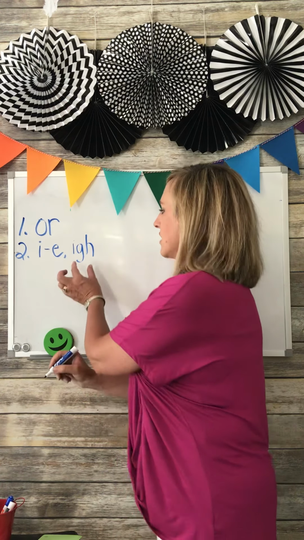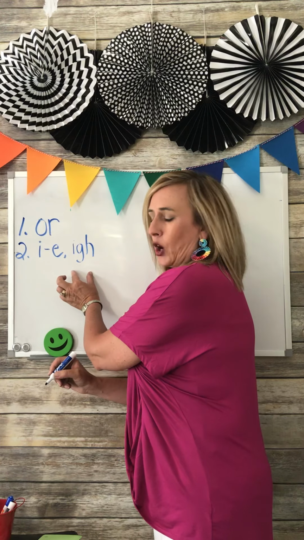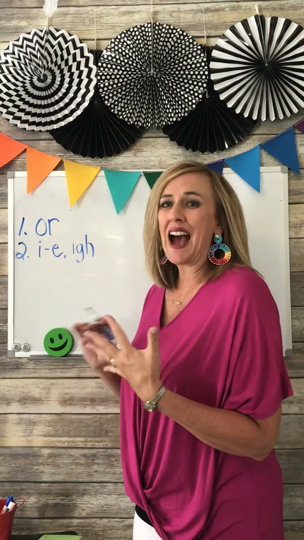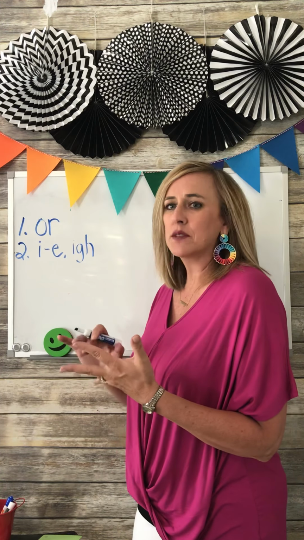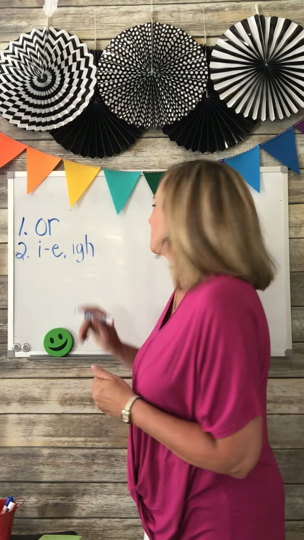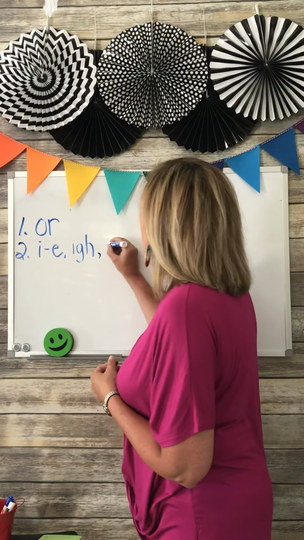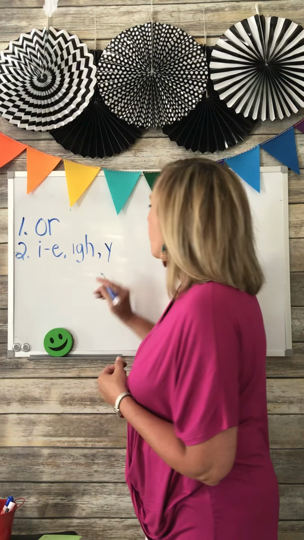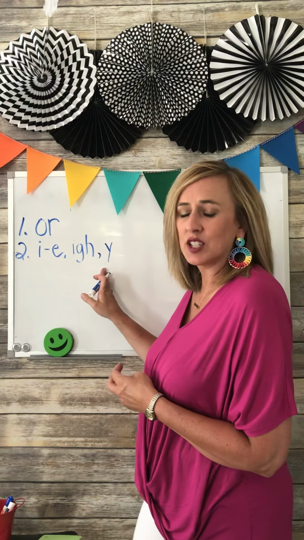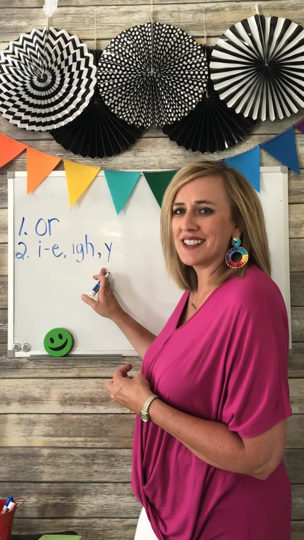We normally use IGH in the middle of a word, commonly with words with the ite spelling pattern, night, bright, right, fight. And then the final way is Y. Y at the end of a 1-syllable word will make that long I sound.